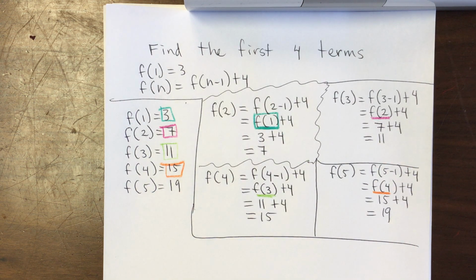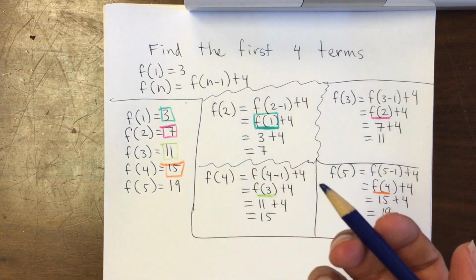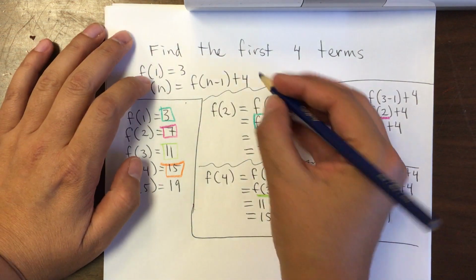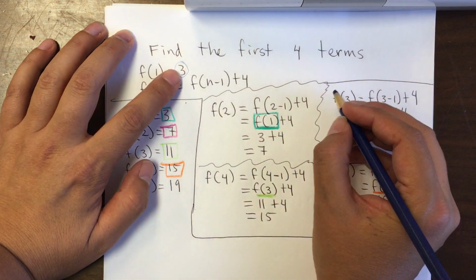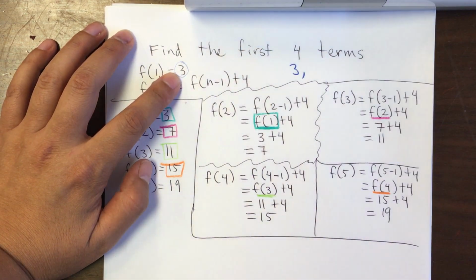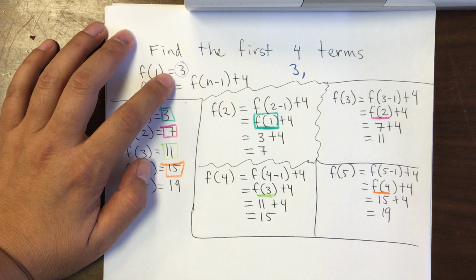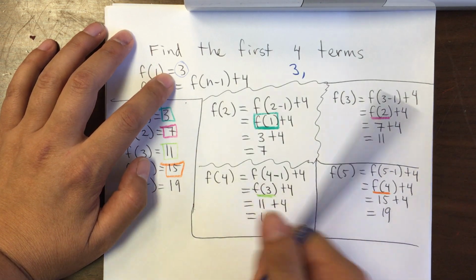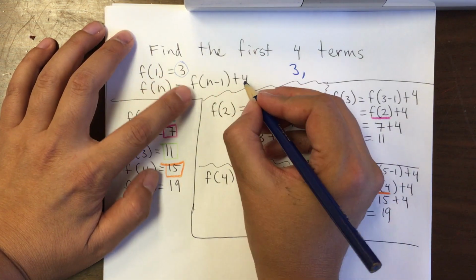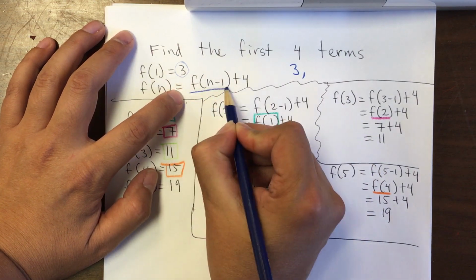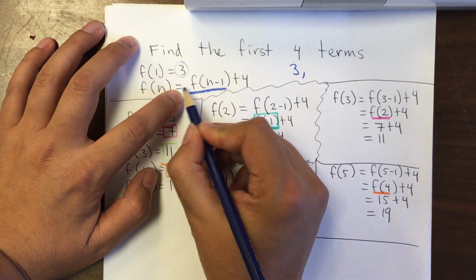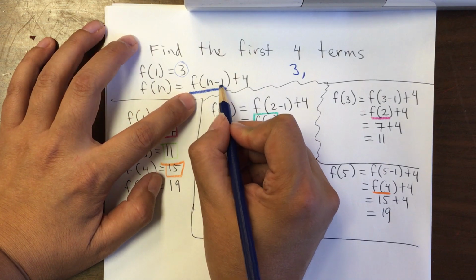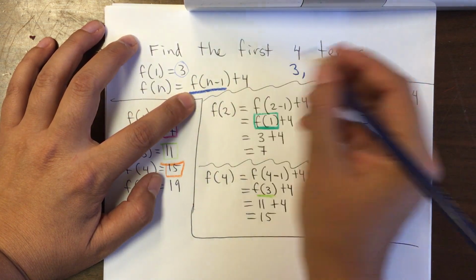However, if you know that this is your initial point, that means that's the first number in your list, the first term. And then it says look at the previous, right? This means look at the previous term and add 4.